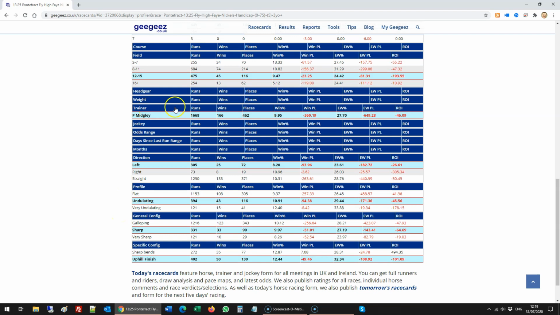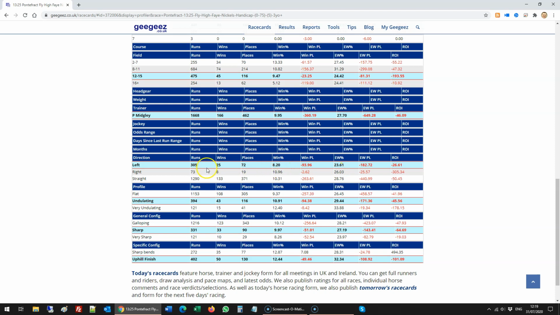In the case of Midgley, I don't really know what to make of this direction stuff. It feels like it should be irrelevant, but the left-handed tracks have fared less well than right-handed, and maybe Midgley trains on a right-handed gallop. I honestly don't know, and I wouldn't want to infer too much into that.